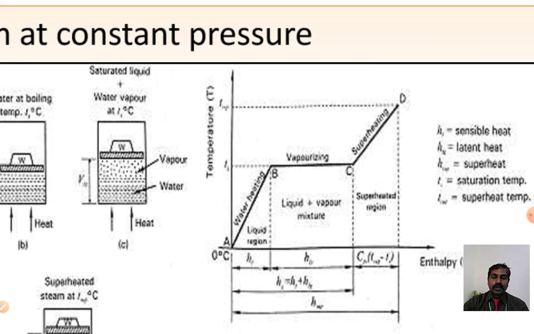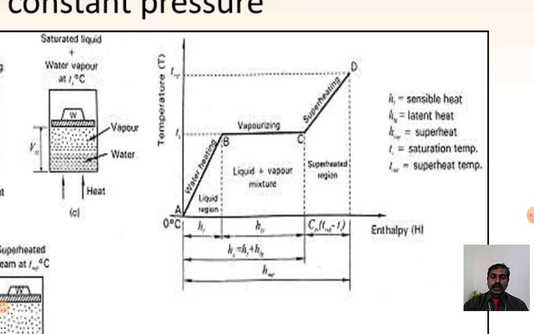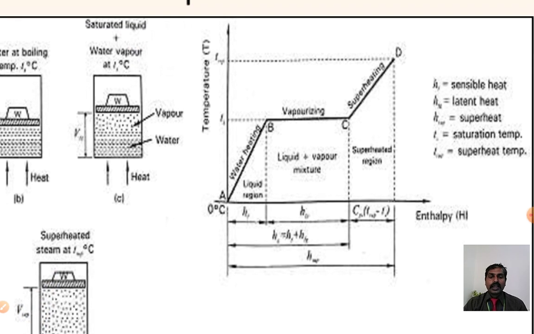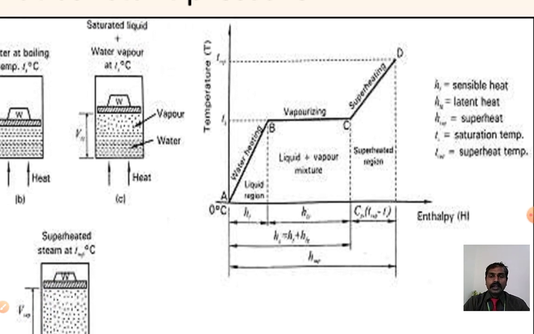First of all, imagine that water is at 0 degrees temperature at point A. Here A, B, C, D explain the temperature and enthalpy diagram. Enthalpy is H, and T, the temperature, is on the vertical axis. The 0 degree water is there, and we add some heat. In the liquid region the water is heated until it reaches T saturation.